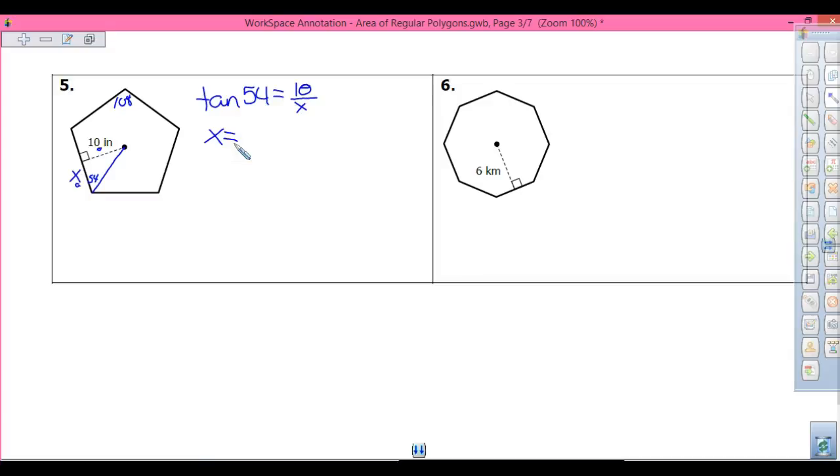It would help you guys if you would all start punching it into your calculator so that when you get to it on your assignment, you'd have some clue how to do it. 7.27 is half of my side, right? Because that's my x. So what's my whole side then? 14.54 is the whole side.